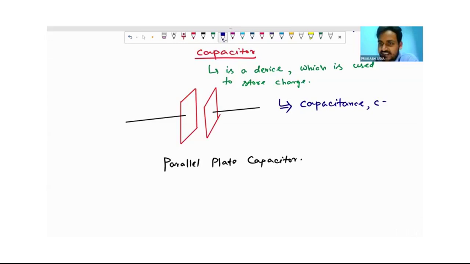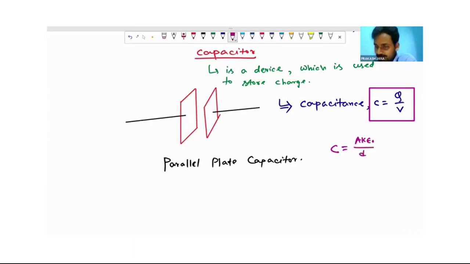Capacitance C is nothing but C equals Q by V. And if we derive the expression for the capacitance of this parallel plate capacitor, it comes out to be A K epsilon naught upon d.